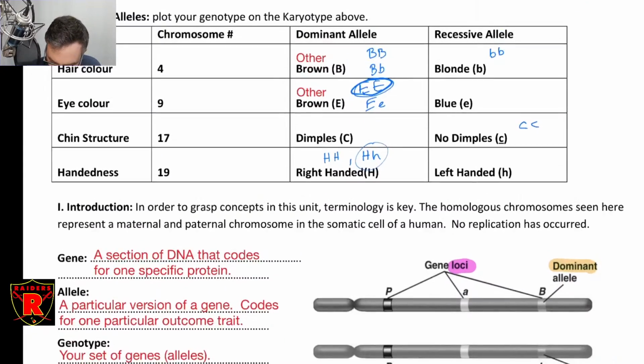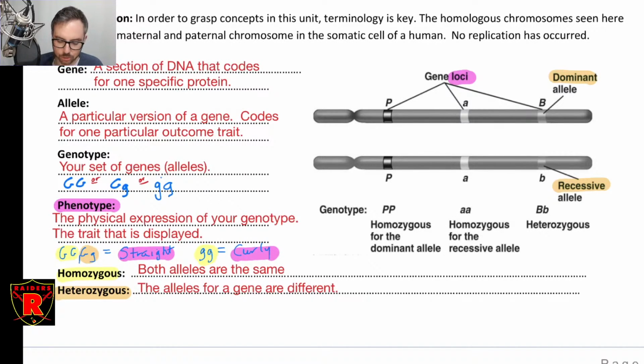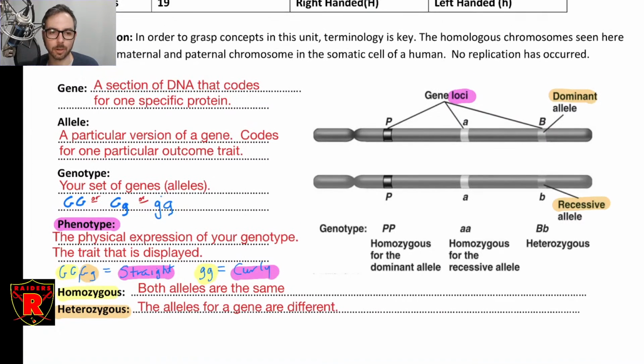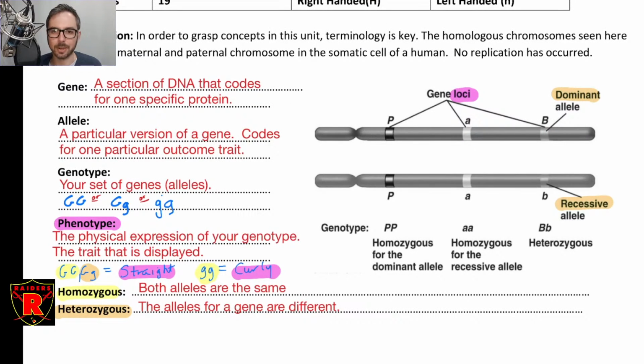I'm going to skip over this. We basically covered all this in our example. So this right here is, again, just terminology. If you don't already have this, you could write it down again. I don't think we expressly wrote this down anywhere, but a gene is a section of DNA that codes for a specific protein. An allele is a particular version. It codes for one particular outcome.